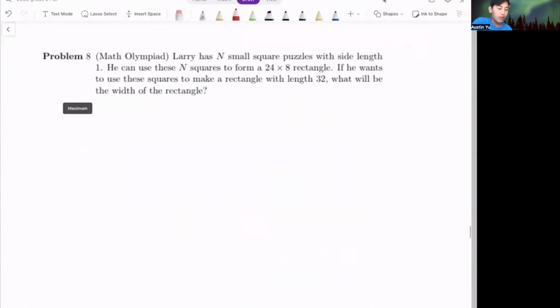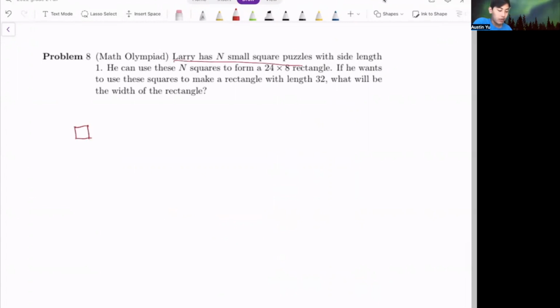And finally, problem 8. Larry had n small square puzzles with side length 1. He can use these n squares to form a 24 by 8 rectangle. If he wants to use these squares to make a rectangle with length 32, what will the width of the rectangle be? Okay, we are given that Larry has n small square puzzles, each with side length 1.